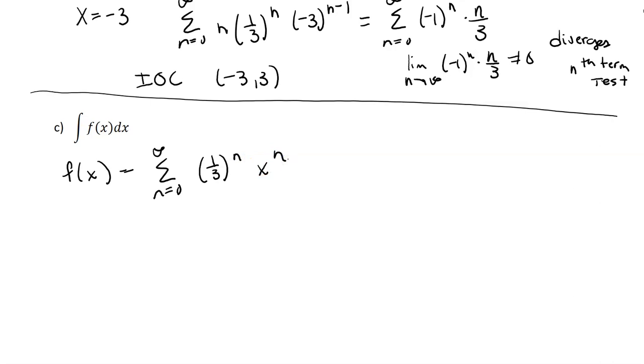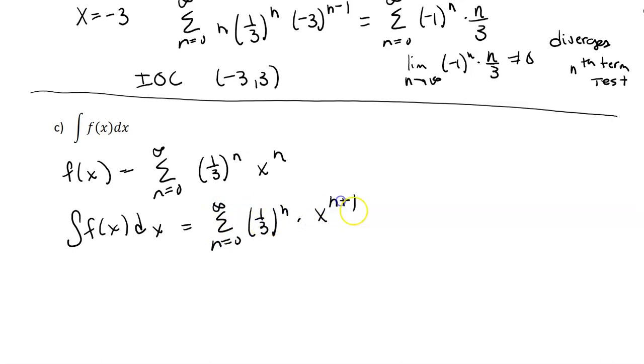So if we're finding the integral of f of x dx, that would be the integral of the sum of the integral, basically, of all of these terms. So that's going to be n equals 0 to infinity. We'll have 1/3 to the nth power, and then we'll have x to the n plus 1 over n plus 1 if you integrate the x to the n.